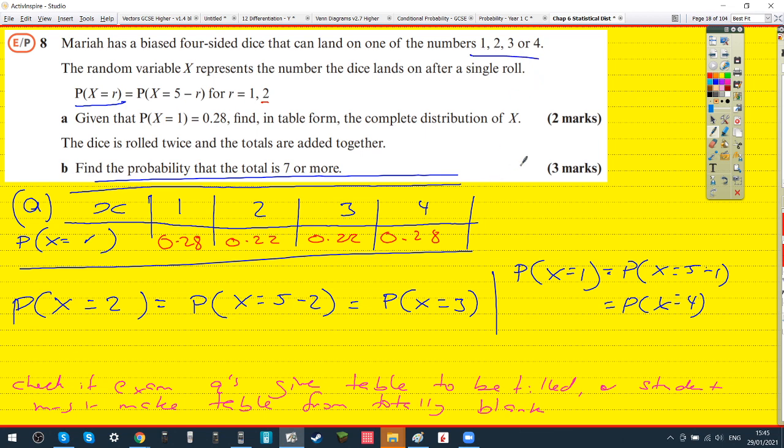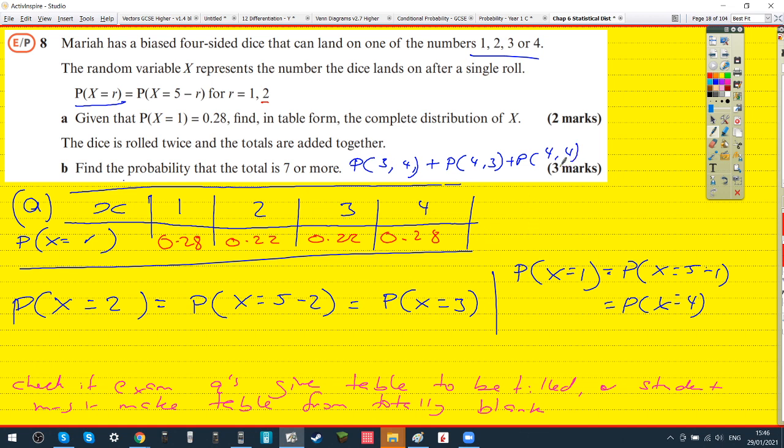We roll twice in total, so we need the total to be 7 or more. It can only be with 3 and 4, and 4 and 4. What are the successful outcomes? 3 and 4, 4 and 3, and 4 and 4. So you'd get the probability of 3 and 4, plus the probability of 4 and 3, plus the probability of 4 and 4.